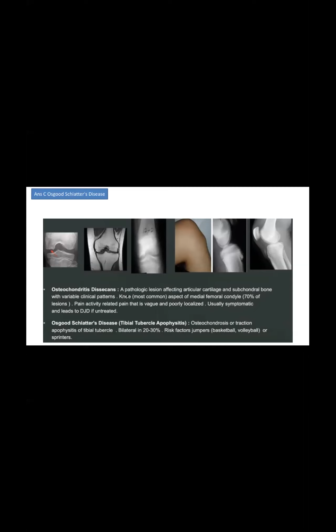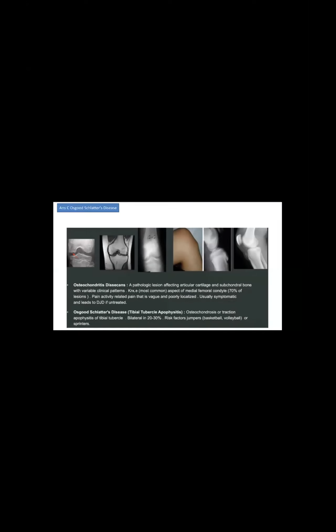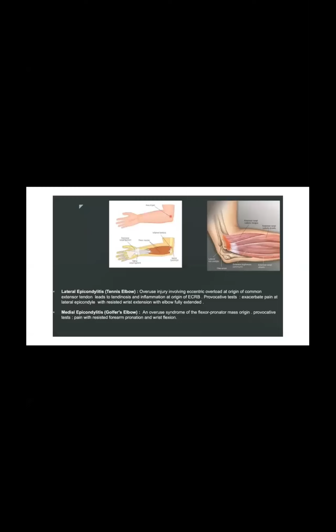So remember only one point for Osgood-Schlatter disease: traction and the tibial tubercle will be affected. For osteochondritis, the knee joint will be affected, the medial femoral condyle. If untreated, the joint fragment will be dislocated and it will be very painful. That's it. Shortcut scenario, and if candidates face this exam question, we have to mark this way.